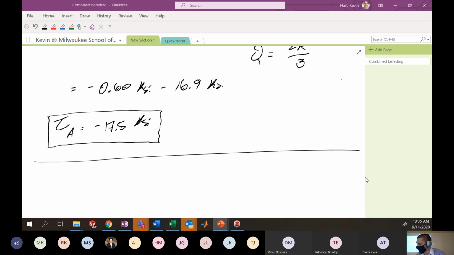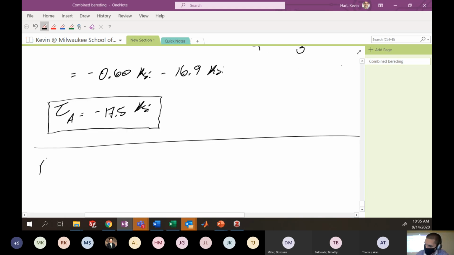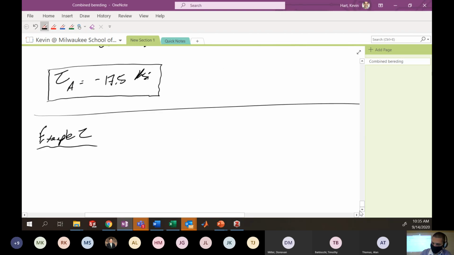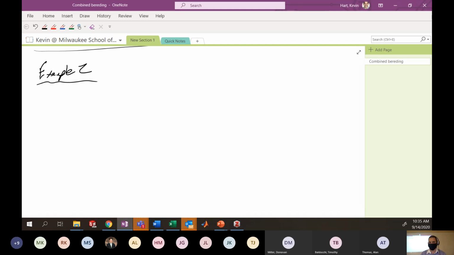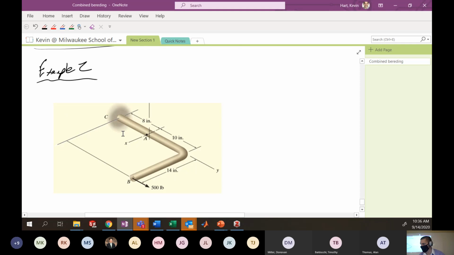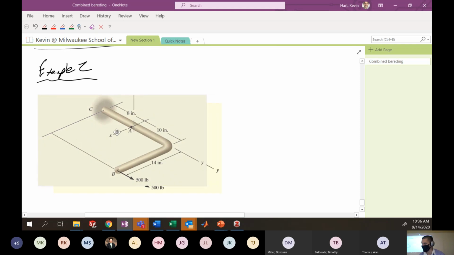And we're going to basically use the same picture, except we're going to analyze a different force that's occurring. We have the same idea here, same rod.